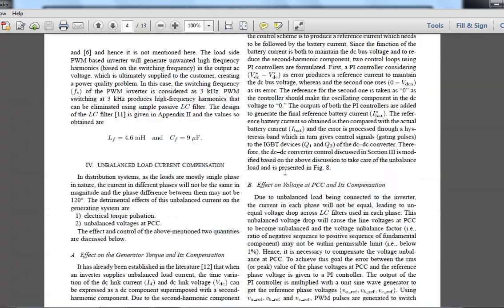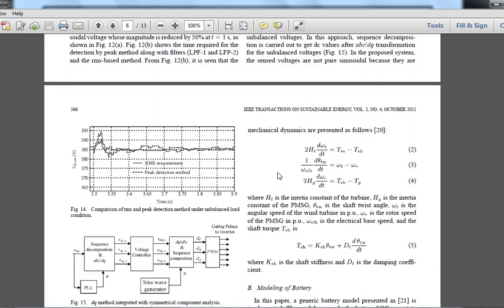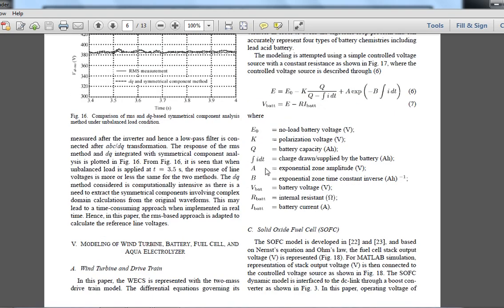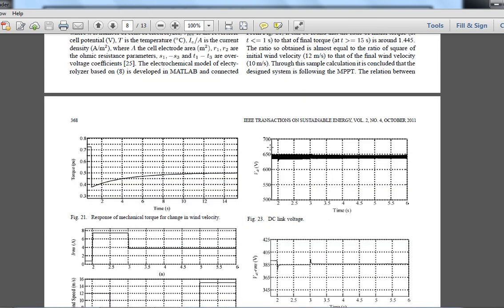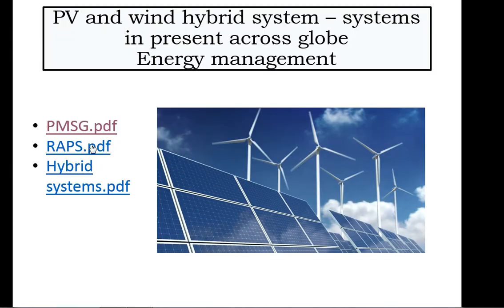And if you add this battery, this is the paper of a renowned author. See, this is the DC link voltage. This is the effect of the battery in the hybrid system. So this is the need or the role of energy storage in the hybrid system.